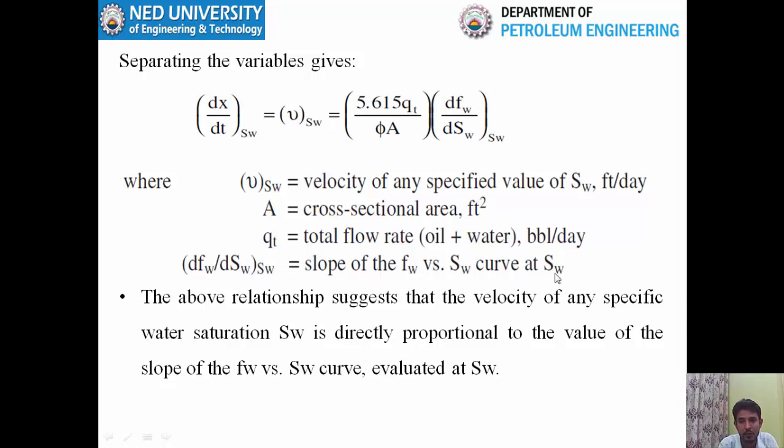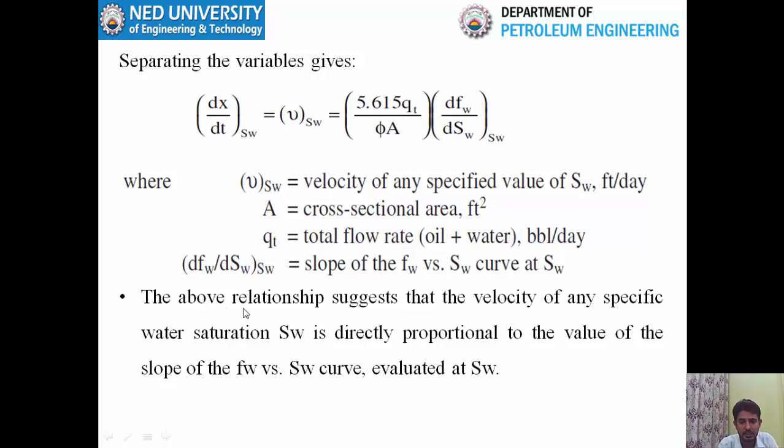And this is basically the slope of Fw versus Sw curve at Sw. So in order to calculate the position or the velocity, you need the slope of Fw versus Sw curve at a particular saturation, and these are constant and provided to us. So we will see how we estimate position or velocity.